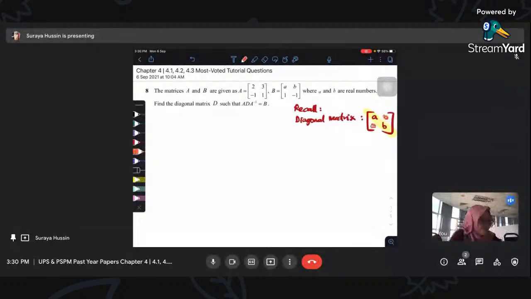The rest... So now, okay, this is a statement where you have to deduce. ADA inverse equals B. So this is a statement where you have to deduce it. It does not say deduce, but you yourself understand that you have to deduce it.